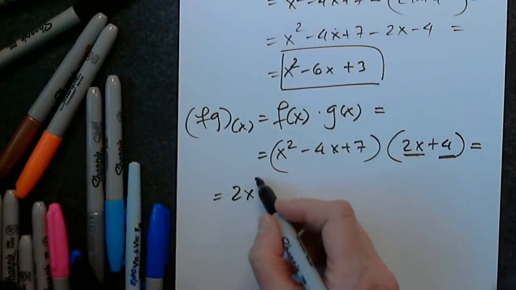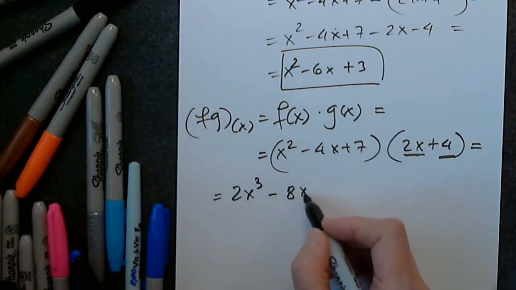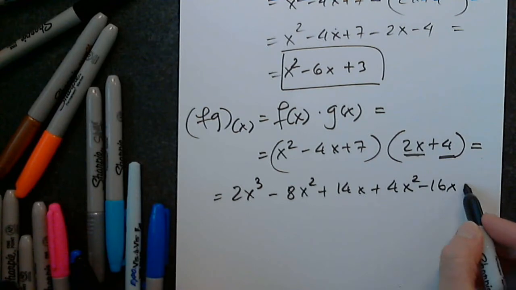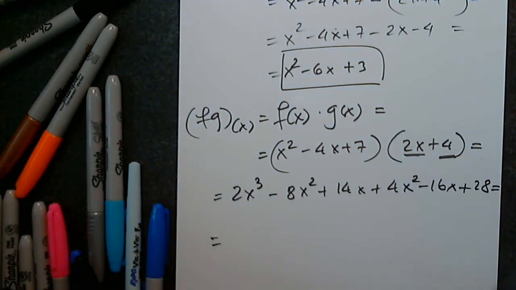So I have 2x cubed and minus 8x squared and plus 14x and plus 4x squared and minus 16x and plus 28. I just distributed 2x and then 4 respectively.